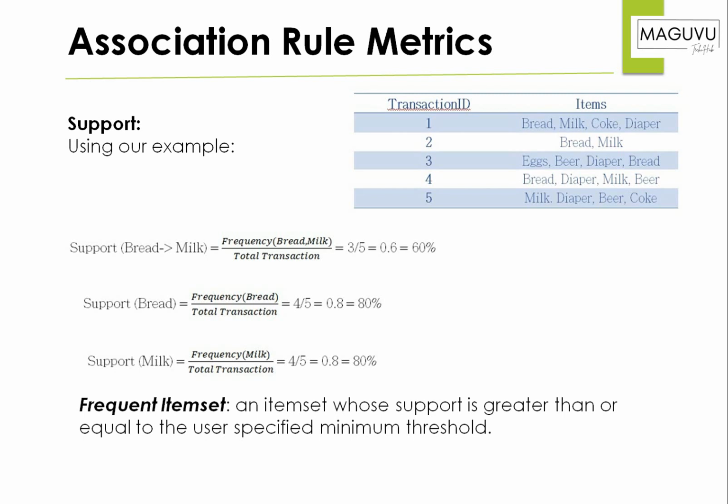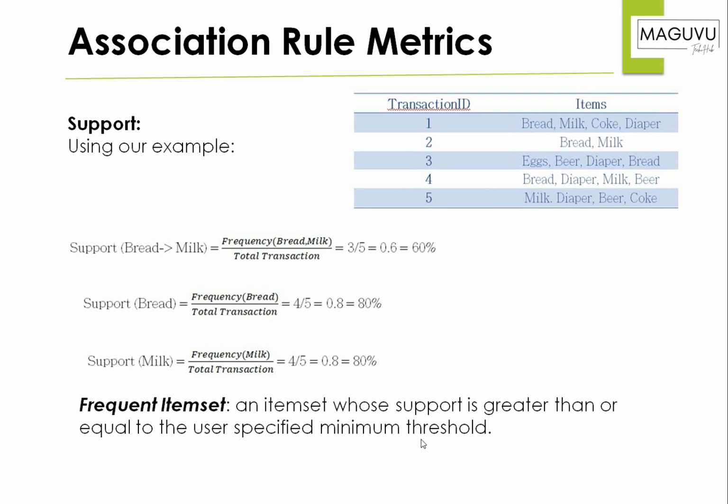We can also introduce the frequent item set term. When we are looking at an item set, like we referred to in our previous slide, if you look at transaction number 1, bread, milk, coke, diaper can be referred to as an item set. But what do we mean when we say frequent item set? Basically, we are looking at an item set whose support is greater than or equal to the user specified minimum threshold.